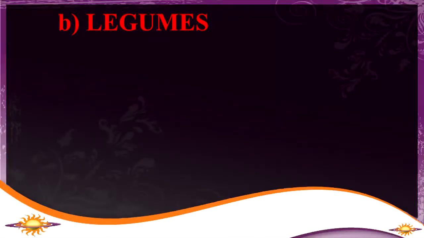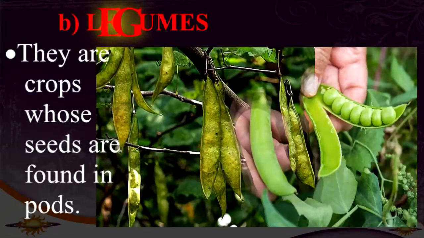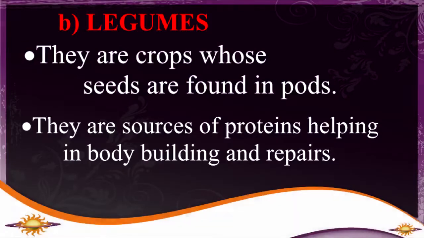Legumes. Legumes are crops whose seeds are found in pods. They are sources of proteins, and so they help in body building and body repair.